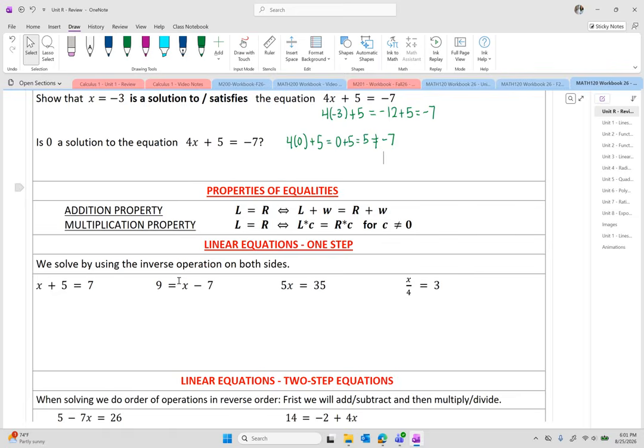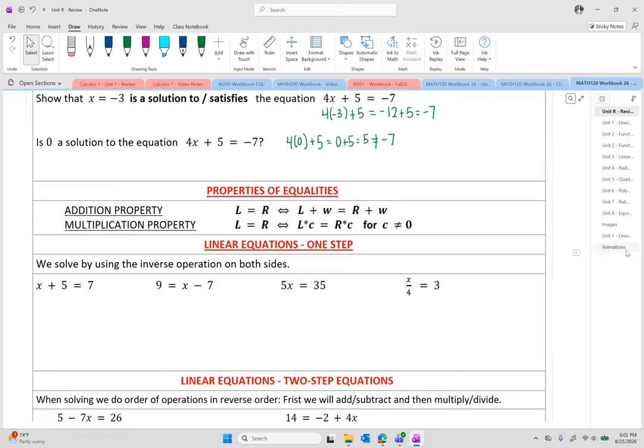So these are two equivalent statements. The multiplication property says that if the left side is equal to the right side of an equation, then you can also multiply, or multiply by the reciprocal, which means to divide both sides by the same number that is non-zero, and you will still have an equivalent statement. So the two sides will still be equal to each other.